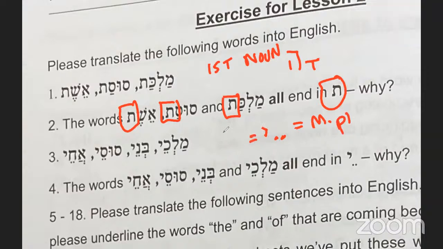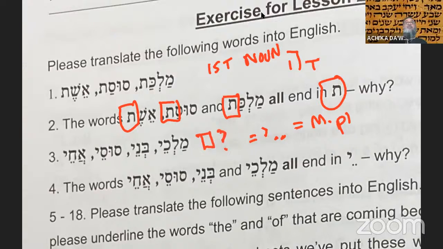It used to be this. Forgive my drawing. It used to be a yod and a mem. So it used to be Akim, Susim, Banim, and Malkim. Okay. So who's the Ake?